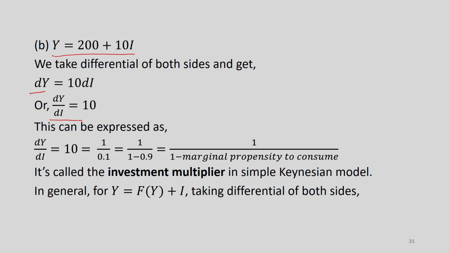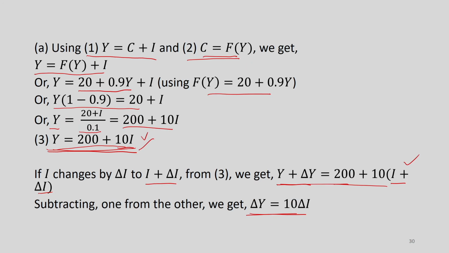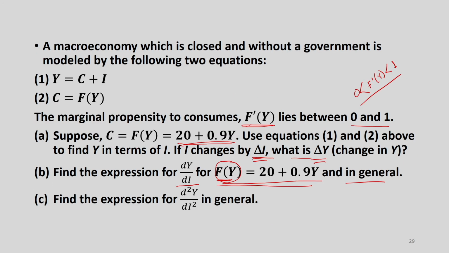This actually can be expressed as the following: dy di is equal to 10, and that can be written as 1 divided by 0.1, which turns out to be 1 divided by 1 minus the marginal propensity to consume. 0.9 was the marginal propensity to consume, remember, right. If you have this consumption function, then 0.9 is equal to MPC, or marginal propensity to consume.